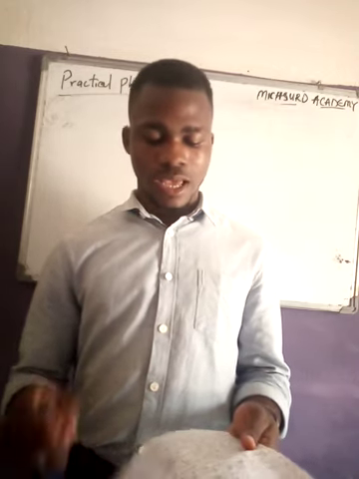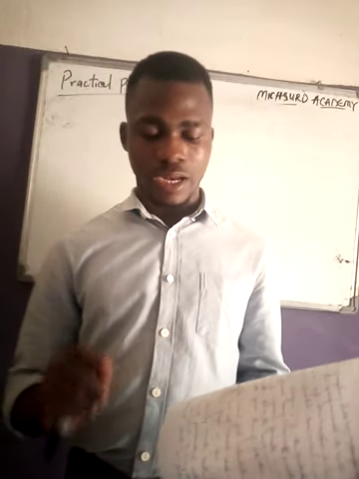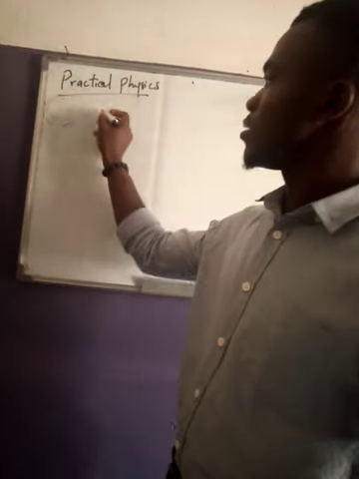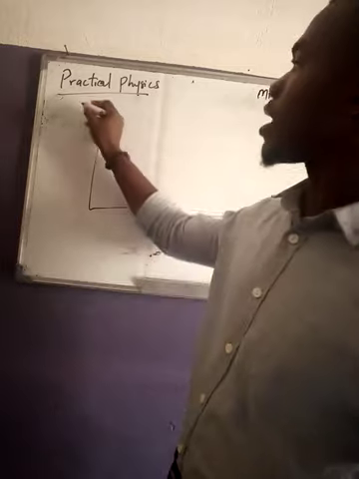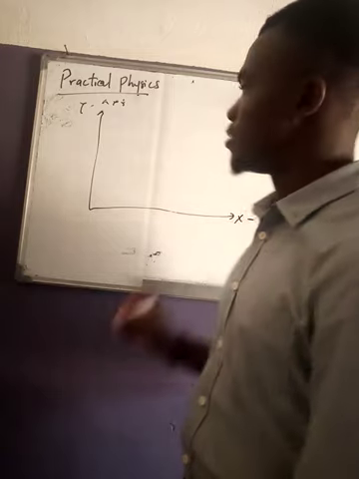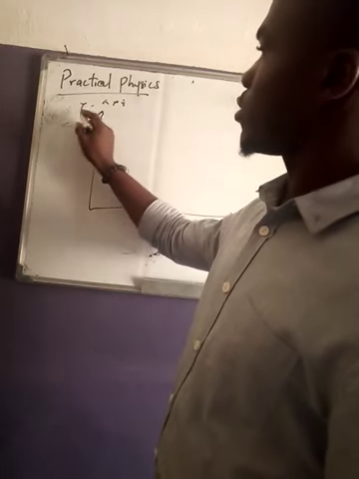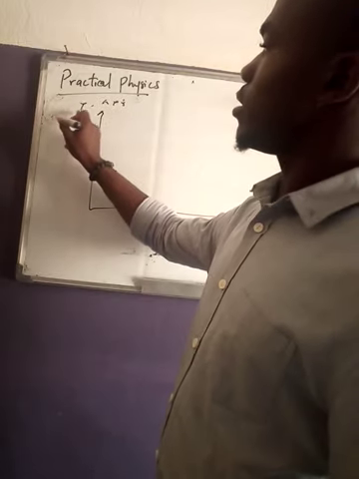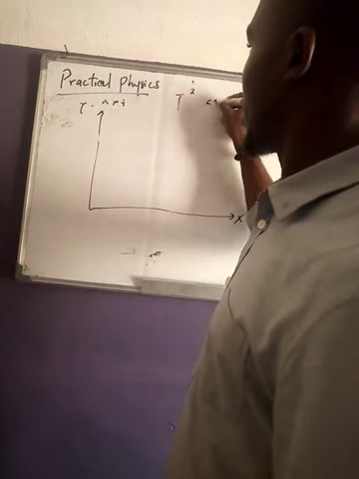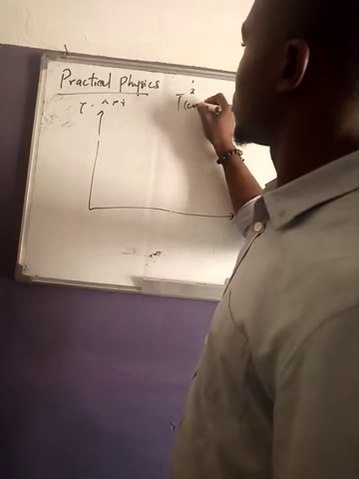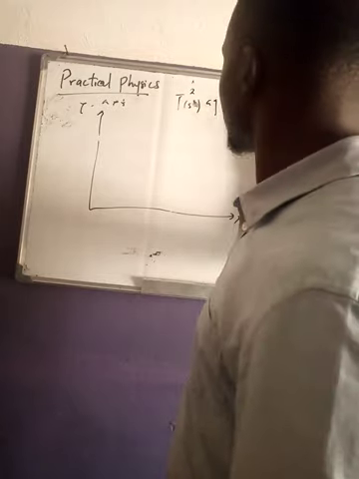Now number 10, if you draw a graph, clearly mark the axes of that graph. This is the y-axis and this is the x-axis. Ensure that these axes are properly marked. Now also, if you are plotting a graph of T squared against L, it's good you always put the units.